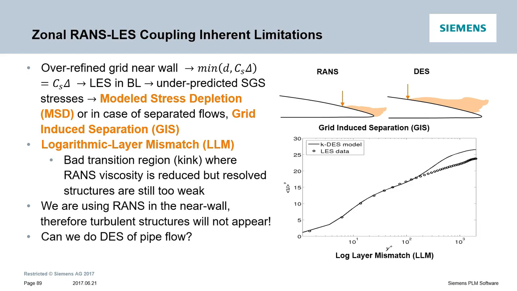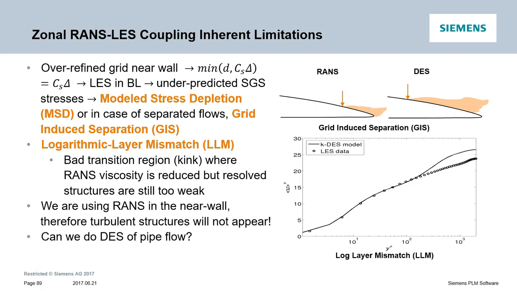So this is a problem because the mesh is fine enough to switch to LES but not fine enough to resolve LES content. This results in underprediction of subgrid stresses, known as modeled stress depletion, or in the case of separated flows, it leads to early separation known as grid induced separation, because lower eddy viscosity would lead to lower momentum diffusion near the wall and hence early separation.